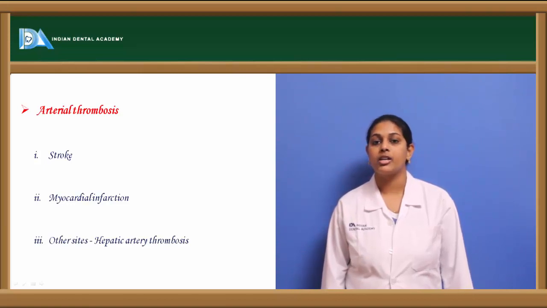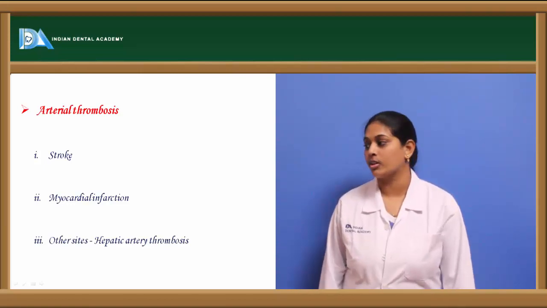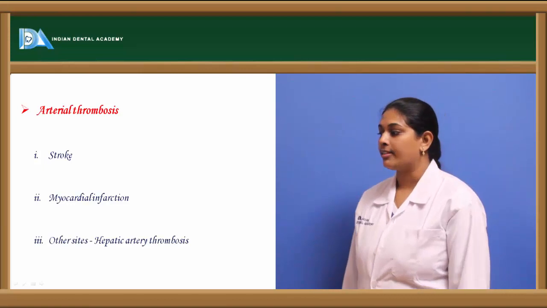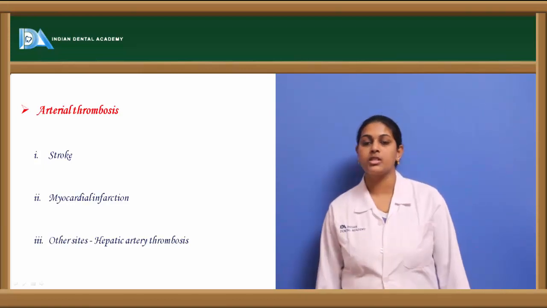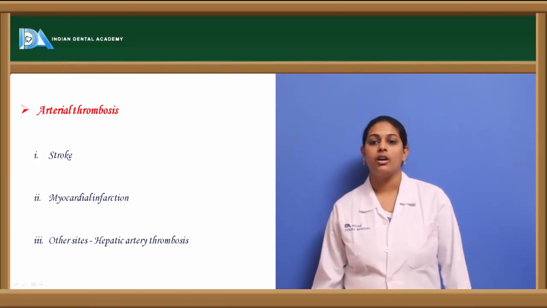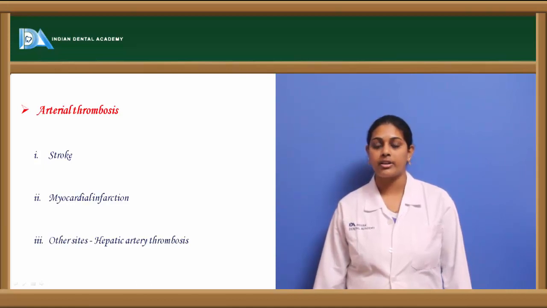This results in myocardial infarction, which is a heart stroke, otherwise known as a heart attack. Another site of arterial thrombosis is the hepatic artery. When it involves the hepatic artery, it is known as hepatic artery thrombosis.